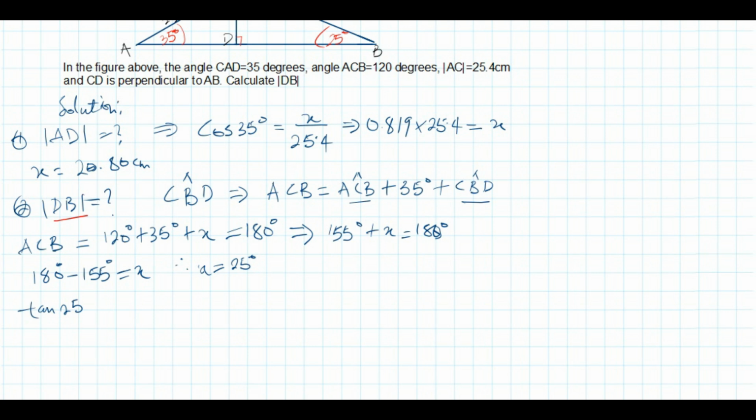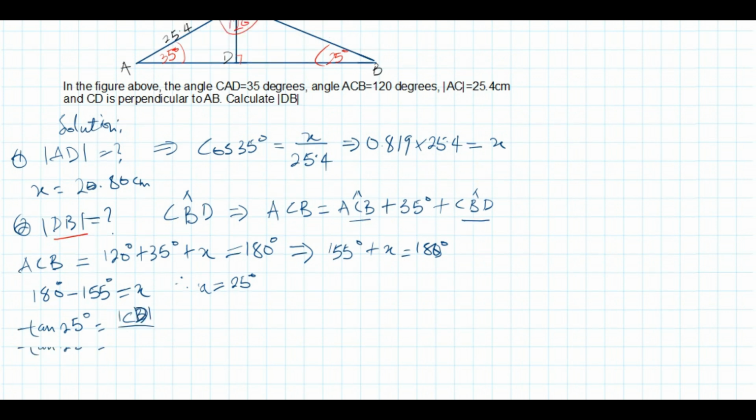In part 2, we have the first part, finding our angle, and then the next part is to find the length. So for us to find the length, we use tan 25, and tan 25 should be the opposite over the adjacent. What are we finding? Our adjacent is DB.